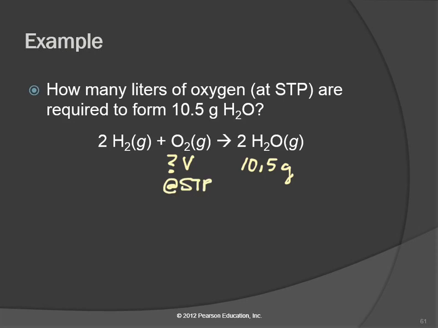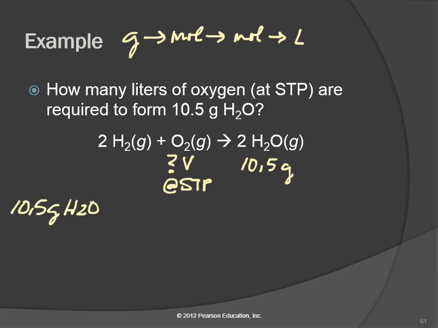So our path here is grams of water to moles of water to moles of oxygen to a volume of oxygen, liters. 10.5 grams of water times moles of water.